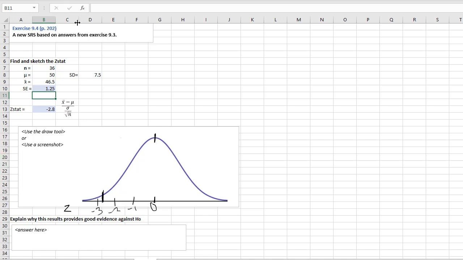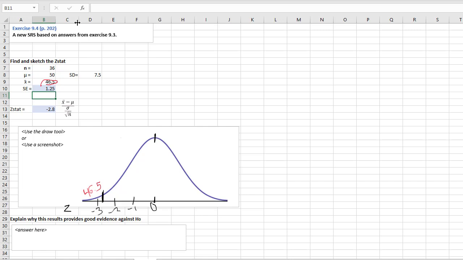Okay, now what makes this unique is that when we look at this z-stat, we're looking at basically what are the chances of getting an average that's going to be this low. So we're giving this average right here, that is the 46.5, which we were able to get from here. And it's not just a singular spot.